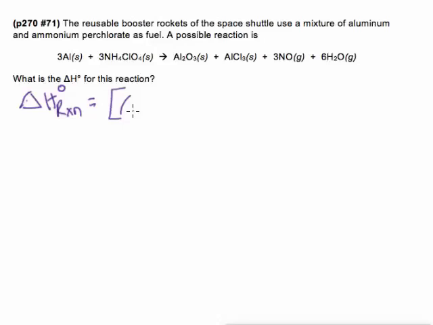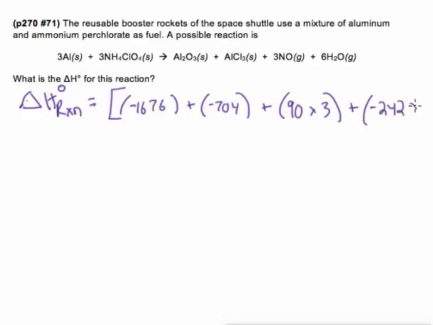So we get negative 1676 plus, we have to look up aluminum chloride, negative 704 plus, we have 3 of these, so it's 90 times 3 plus negative 242 times 6.